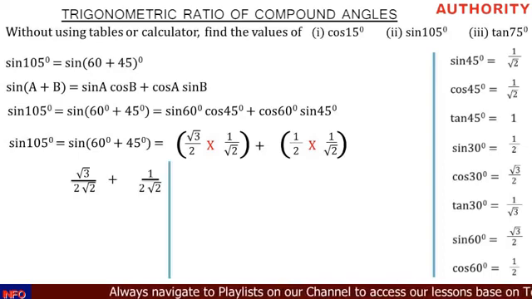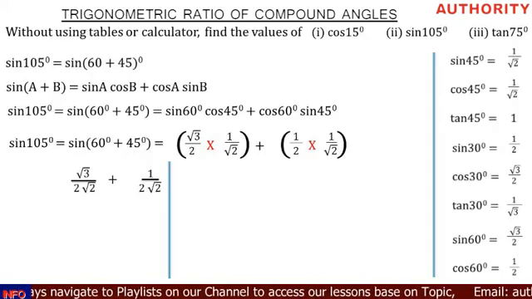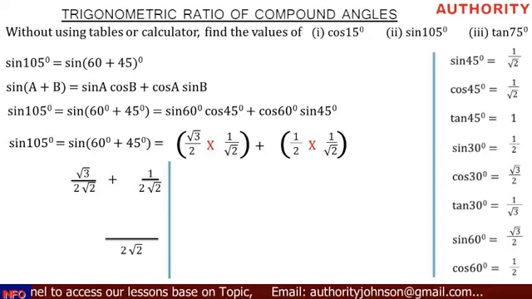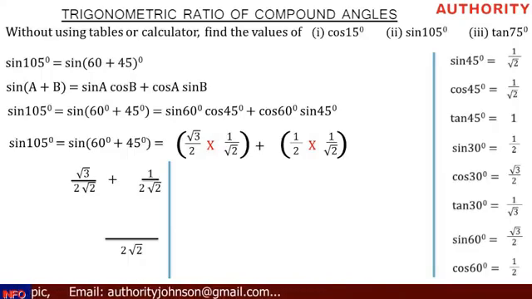In this place now, let's combine them, or let's just add them together. So for us to add them together, we're going to look for the LCM. We're going to simply say that the LCM is 2√2. So 2√2 divided by 2√2 is going to give us 1. 1 times √3 is going to give us √3.